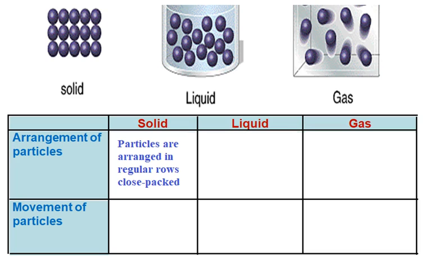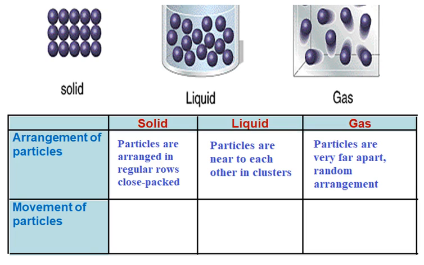In a solid, particles are arranged in regular rows, close packed. If we're talking about a liquid, we say that particles are near to each other in clusters, and clusters means in groups, not in any particular order. For gases, the particles are very far apart, in a random arrangement.